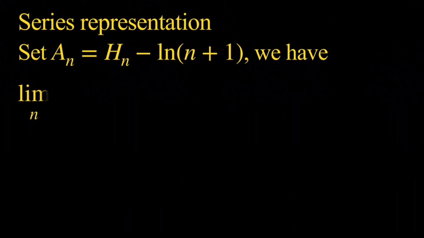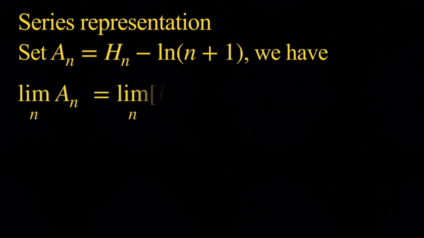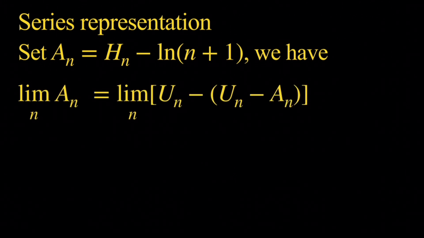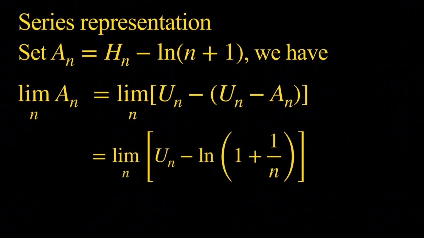So we're going to rewrite a_n as u_n minus (u_n minus a_n). All we did here is introduce 0. Now, the difference u_n minus a_n is the difference of two logarithms, and it can be written as negative log of 1 plus 1 over n. And now we can take the limit.